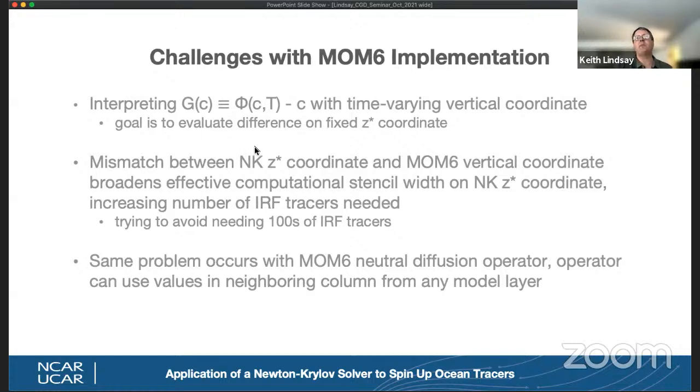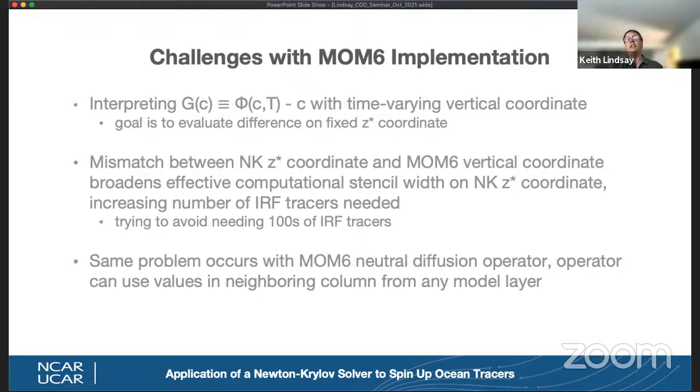If there's a mismatch between the z-star coordinate and the MOM6 vertical coordinate, this effectively broadens the computational stencil width on the z-star coordinate. And this makes it hard to avoid overlap of the impulse response function tracers that I mentioned. So there's a computational challenge of having the tracers reduce the number of tracers you need, but not have the computational stencils overlap with each other.